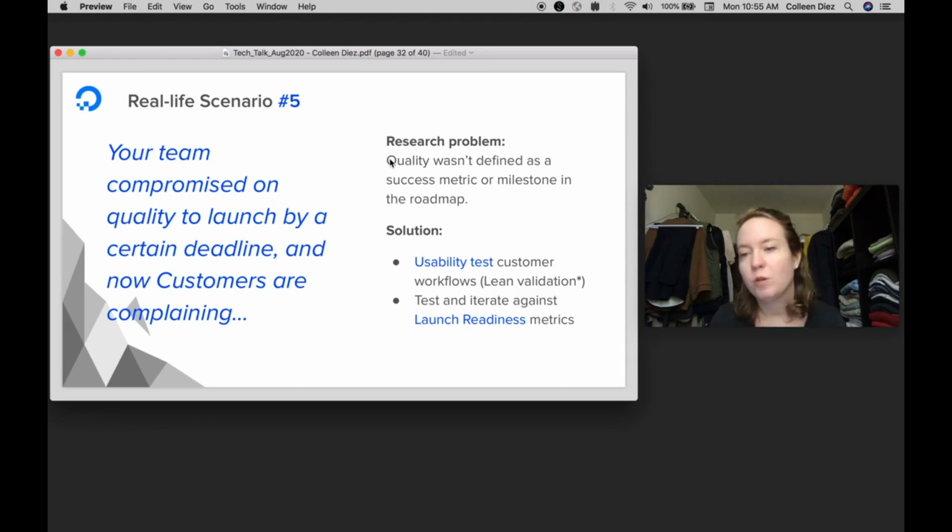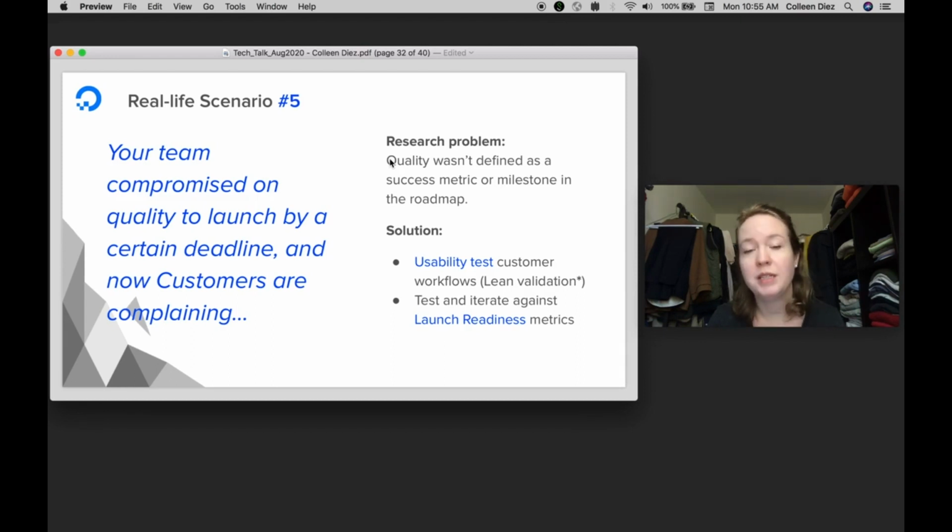They're under so much pressure from the business or from your finance team, because there are revenue projections that are dependent upon your product launching or your release getting out into the world. There are a couple of ways research-wise that you can help with this.